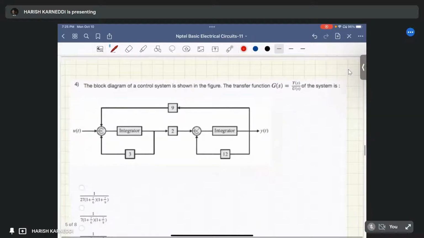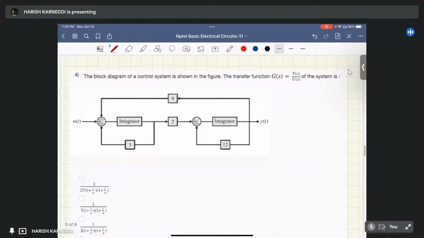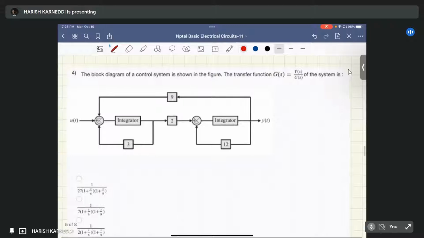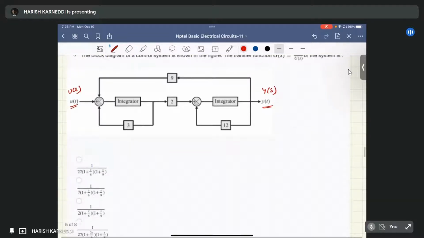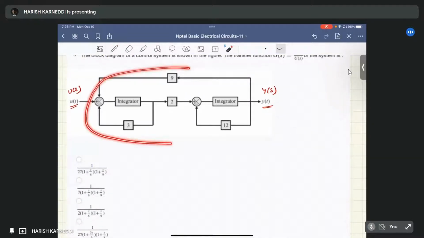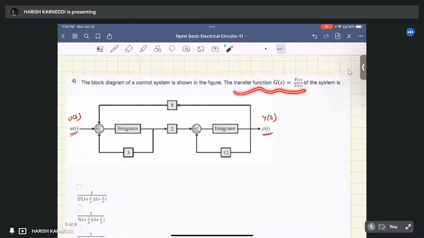Coming to the fourth question: the block diagram of the control system is shown in the figure, with the transfer function G of s equal to Y of s by U of s. Y of s means here it is in time domain, so we can write y of t, y of s. U of s means here we have the input u of t, you can write U of s. It means the block diagram is given in the time domain. We want to find the transfer function.